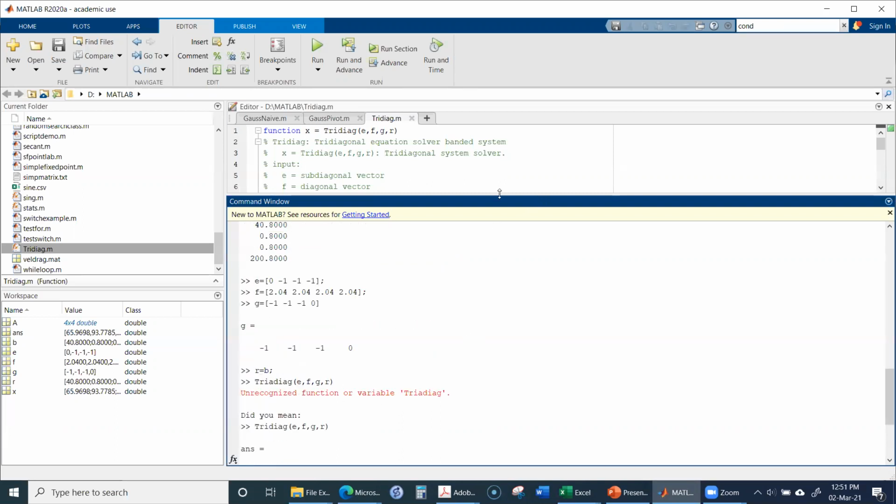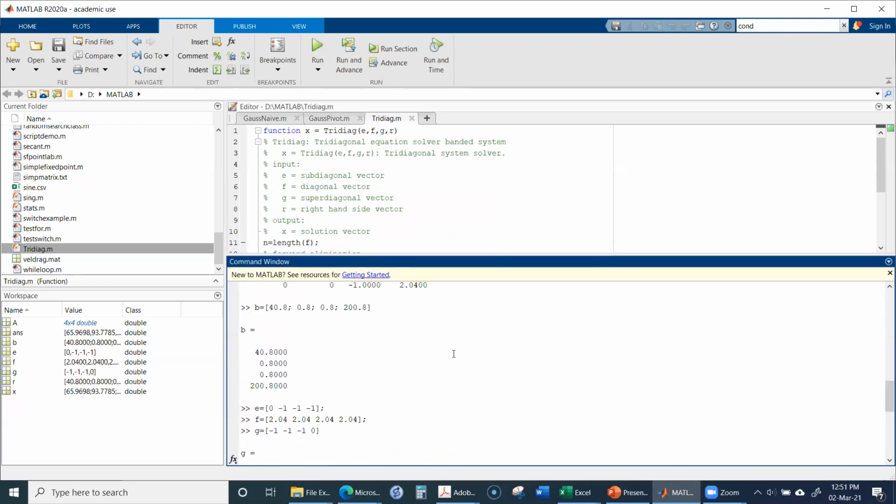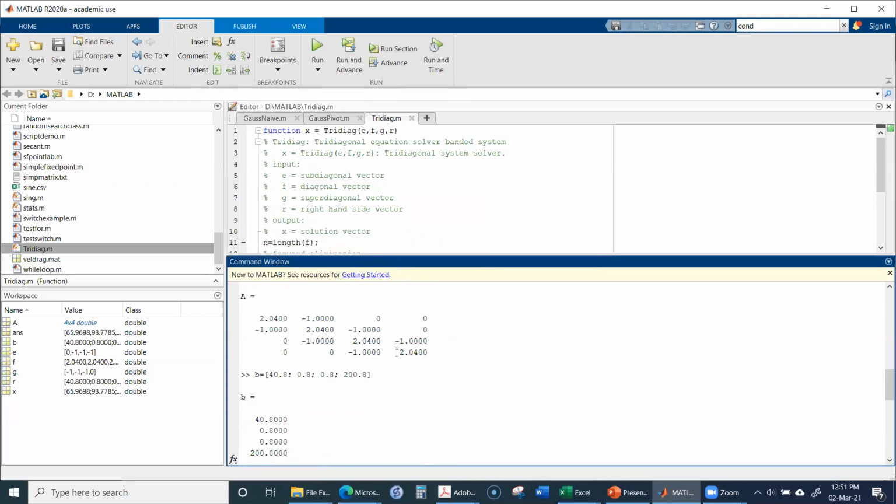The purpose is just to show you that for these banded matrices, although here we have only a 4 by 4 matrix, for example if we have a 5 by 5 or 6 by 6 or higher order matrices, there will be many zeros. This type of algorithm is numerically much more efficient than the Gauss elimination method for these kinds of matrices.